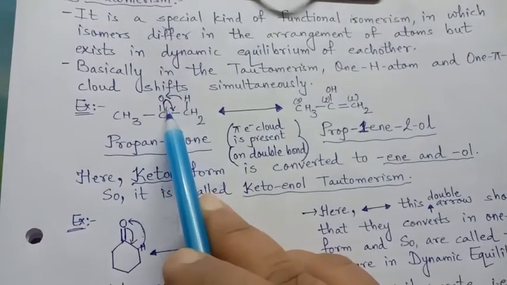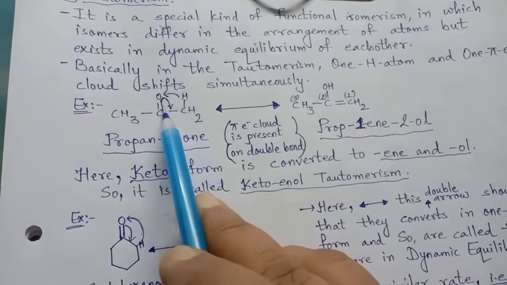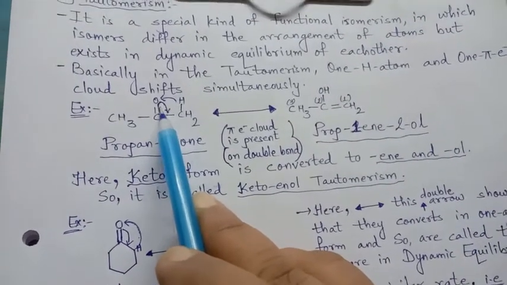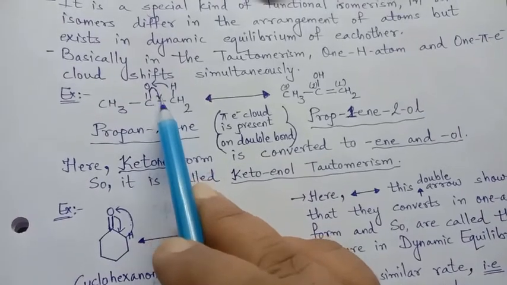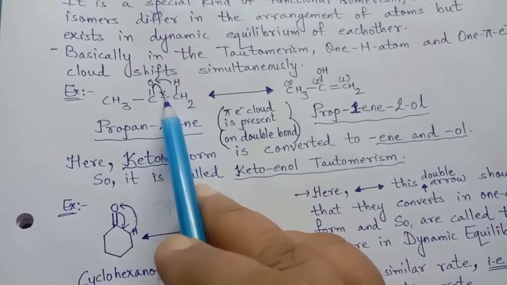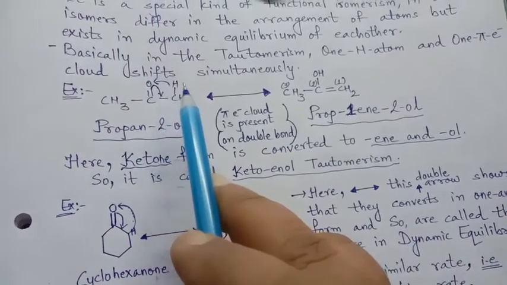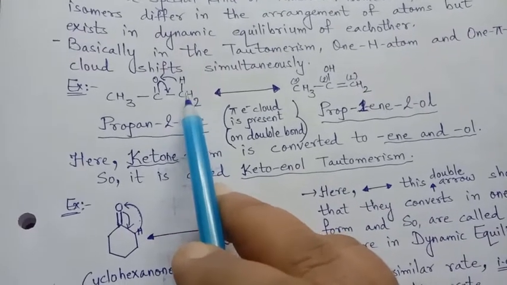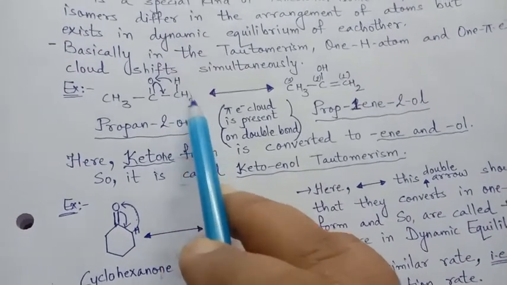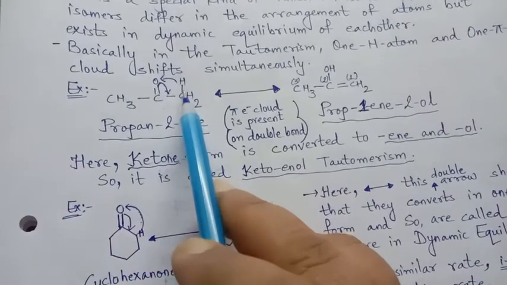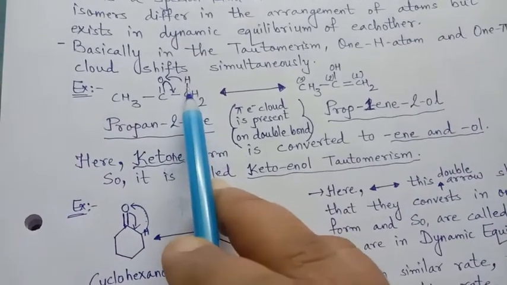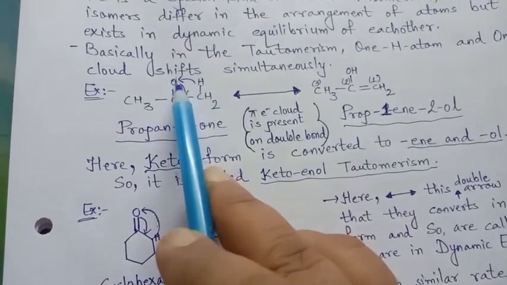Just now I told you the pi electron cloud is present on the double bond. So this double bond will shift here, simultaneously, at the same time. One of the hydrogens, see here I have not written CH3, CH2 and 1 hydrogen, so you will easily understand, will shift over here.